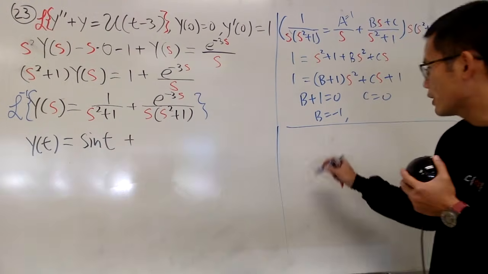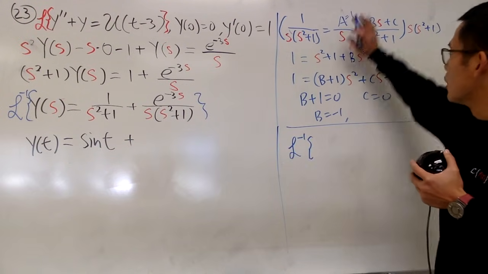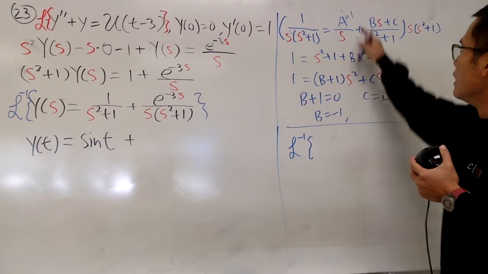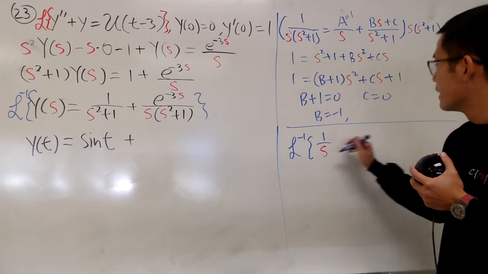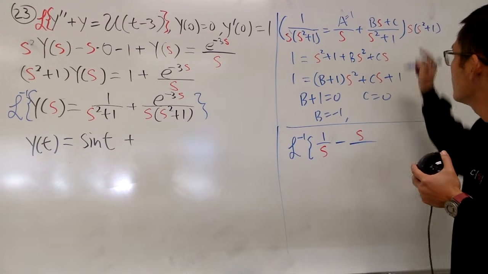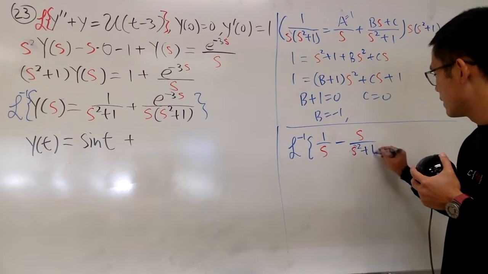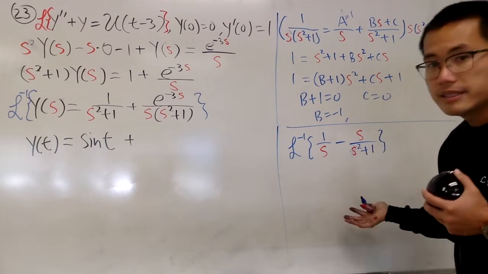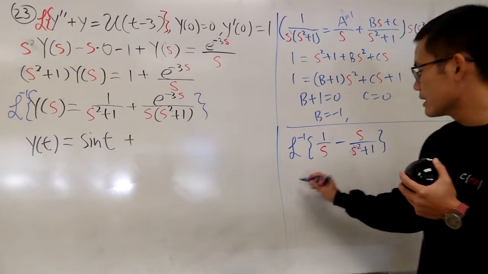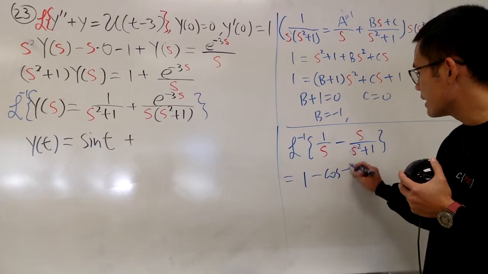Now you actually have to do this first: the inverse Laplace of the part without the e to the negative 3s. We have 1 over s, and b is negative 1, so it becomes minus s over s squared plus 1. The inverse of this right here is just 1, and this is just cosine t.